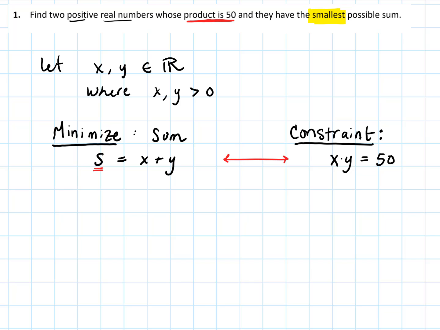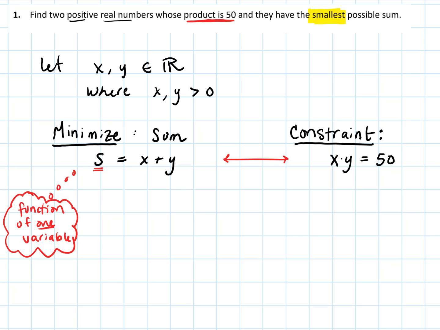Well, now we have to put these things together. Because I want to write a function that I can minimize, I need S to be a function of a single variable. So here's my little thought process. I need this to be a function of one variable. It doesn't really matter which variable I choose, but I need this to be a function of one variable so that I can take its derivative and find the minimum, right? Use all my calculus stuff.